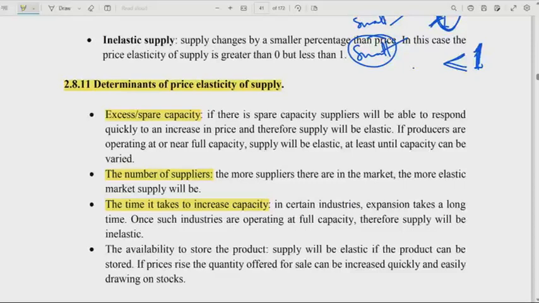For example, if it is maize, it takes time to grow and harvest. It would be easier for me to just rent out a farm and cultivate next year. So how long does it take for you to increase your capacity? If it takes you less time, expansion will be easier and supply will be elastic, while if it takes you longer, it will be inelastic.